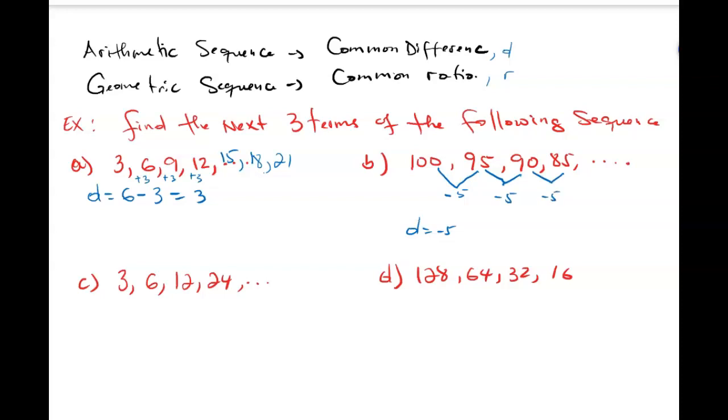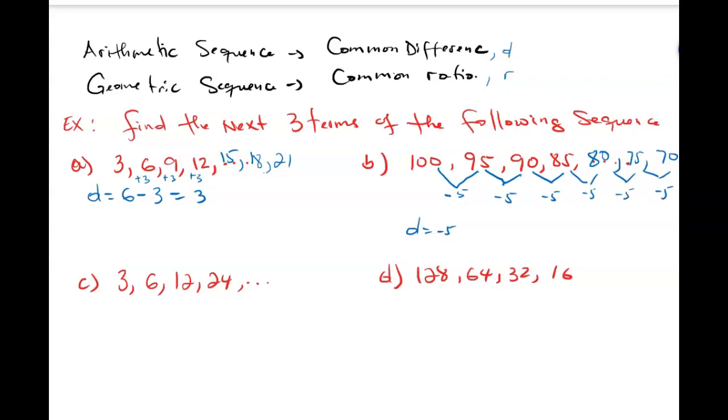So for me to get the next term, I have to do 85 minus 5, which is 80. 80 minus 5 is 75, and 75 minus 5 is 70. So we subtract 5 each time.